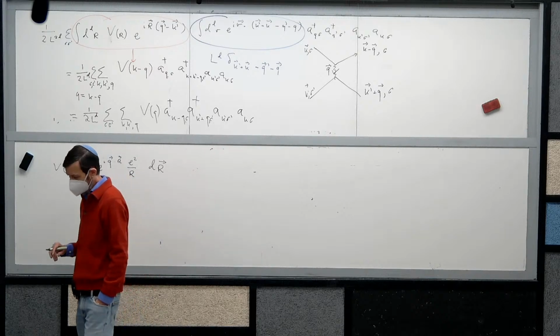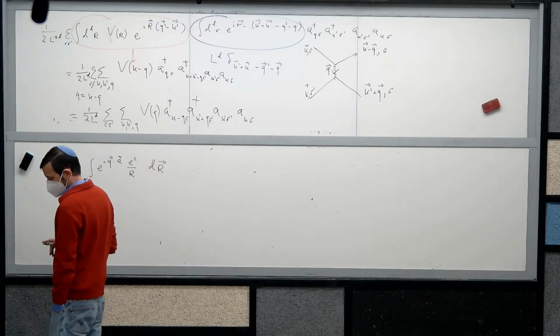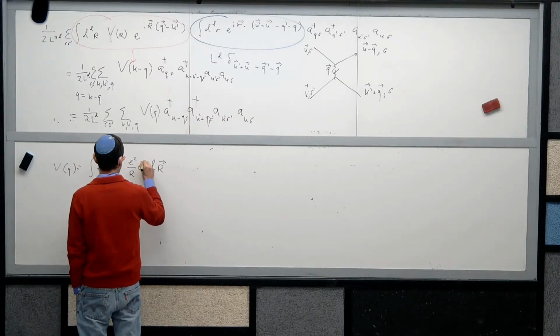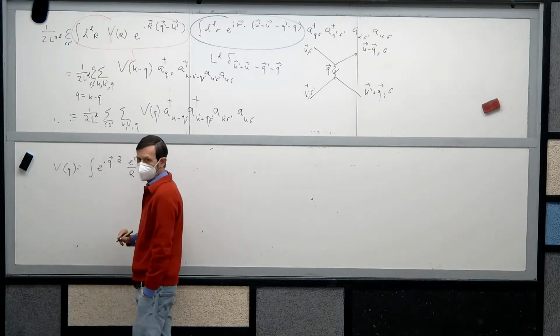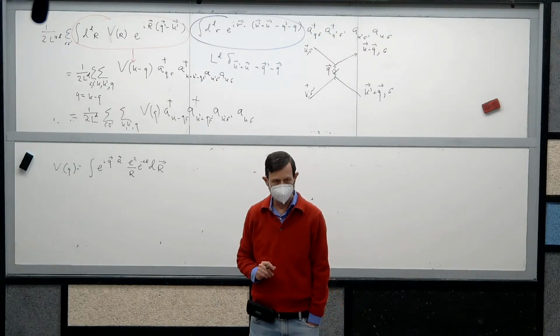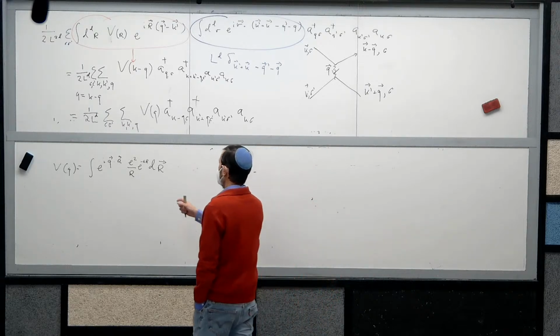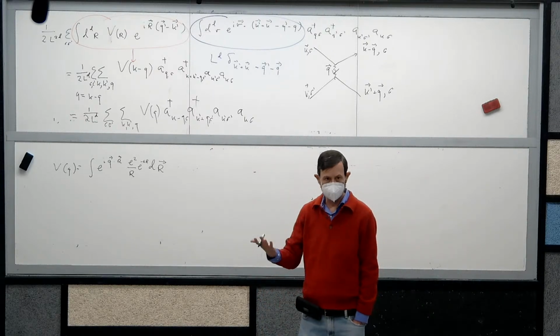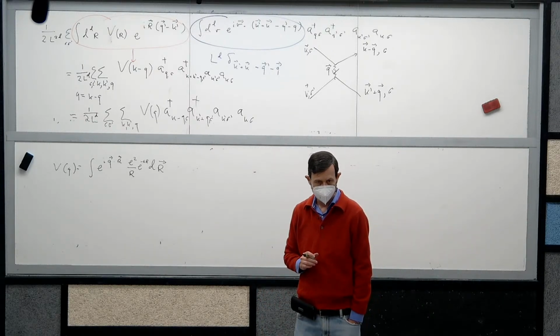So the first thing that I'm doing is putting in an exponential cutoff. Hopefully we will be able to take this epsilon to 0 in the end, or understand what it does here.